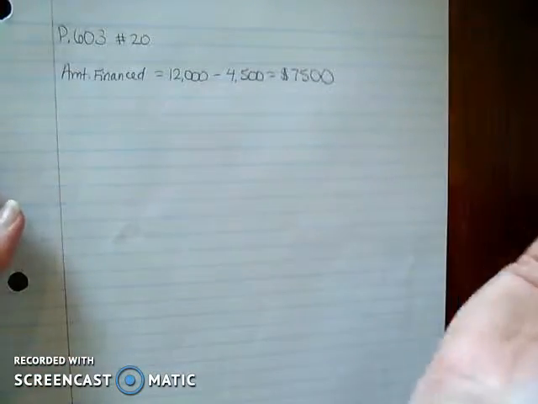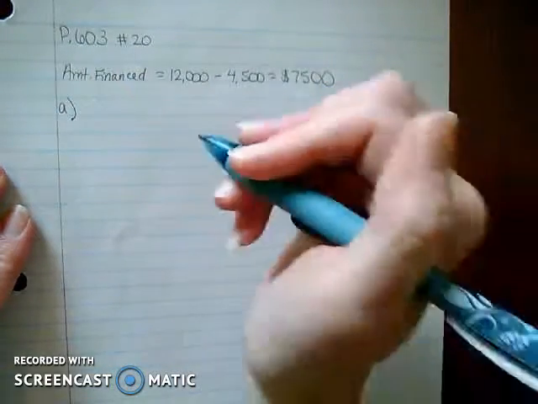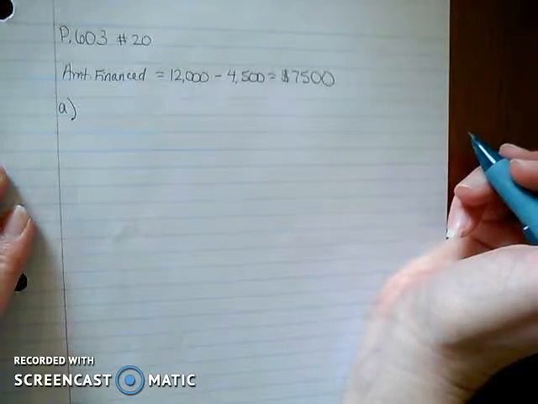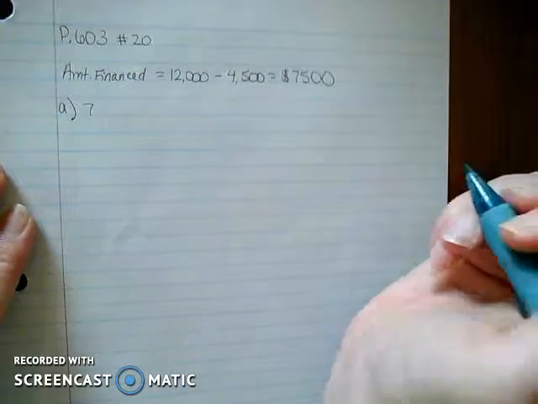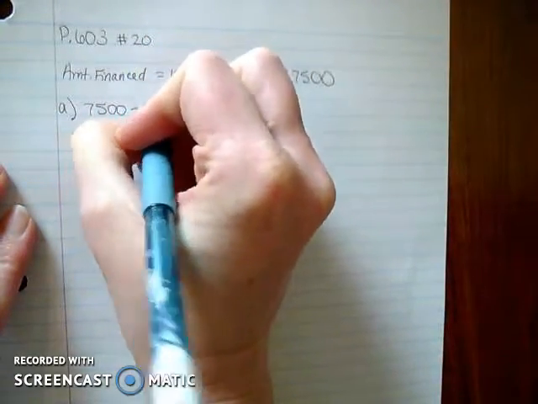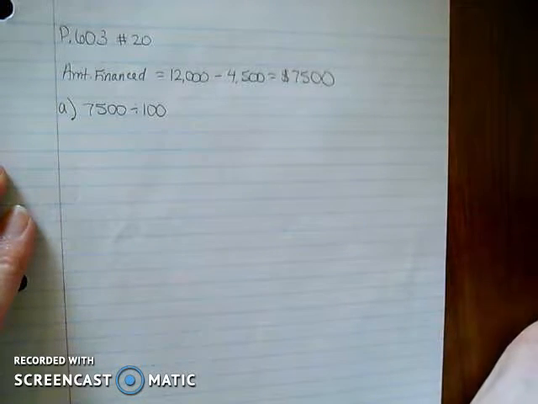So part A, we need to find the monthly payment. So again, this goes back to the very first thing in this section, is to figure out the finance charge. Or sorry, that's all we have to do for part A, is the finance charge. 7,500 divided by 100, because again, the chart says per $100.